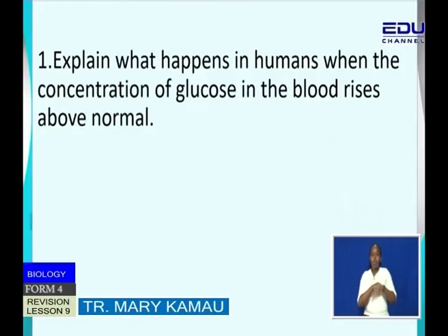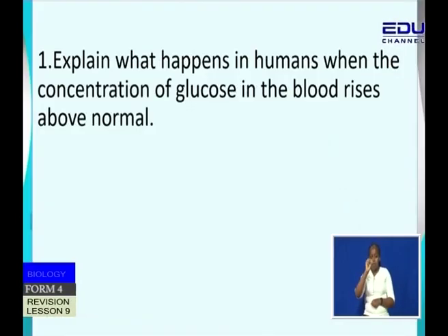So we have our first question that we are borrowing from the topic of excretion and homeostasis, whereby you're told, explain what happens in humans when the concentration of glucose in the blood rises above normal. Explain what happens in humans when the concentration of glucose in the blood rises above normal.